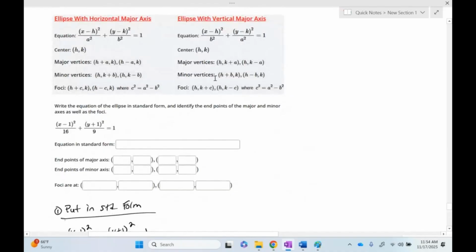Does this have a horizontal major axis or a vertical major axis? First we're going to look at the largest denominator. The largest denominator is underneath the x variable, so this has a horizontal major axis.